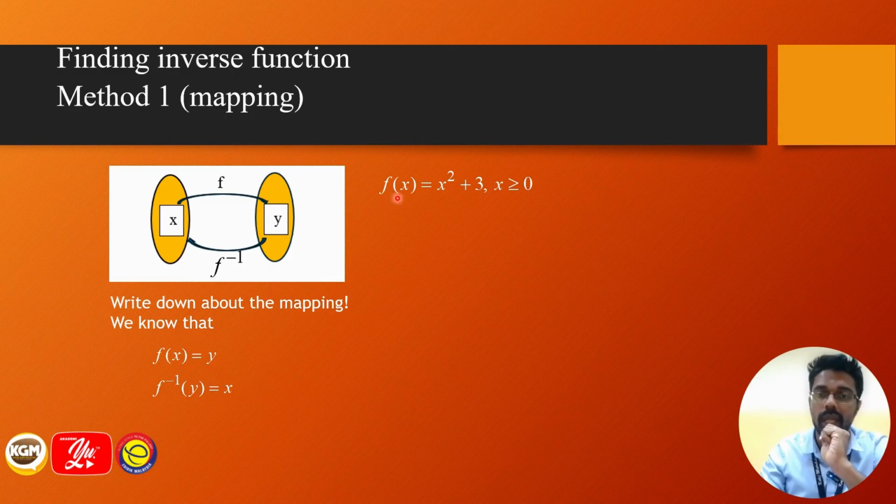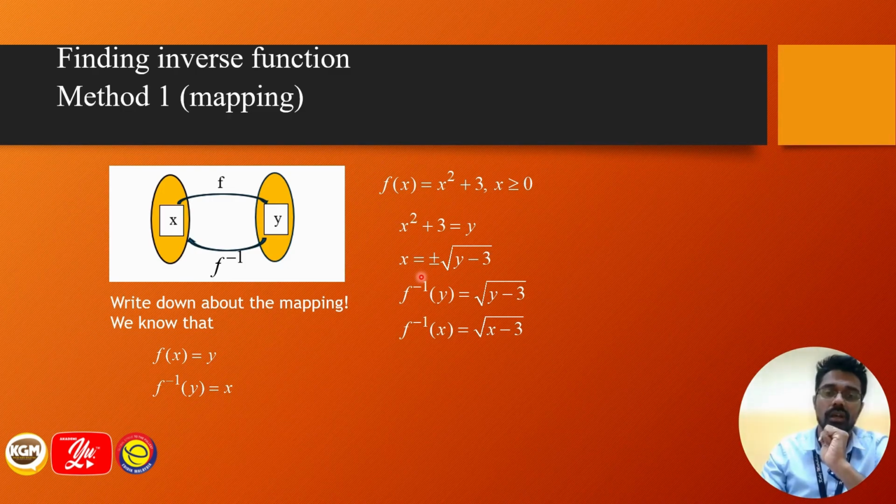Once I do that, I get an expression for x. Why do I want that? Because the second piece of information is x equals the inverse of y. So I get x equal to the square root expression. Of course, here you get plus or minus, but based on the domain, this is not here for decoration, so you choose the positive.